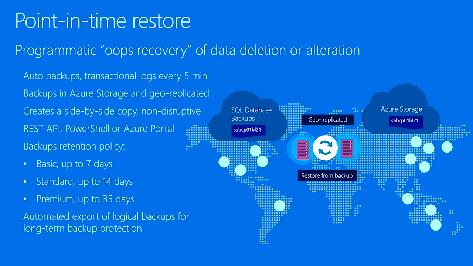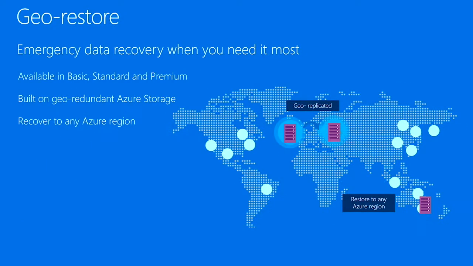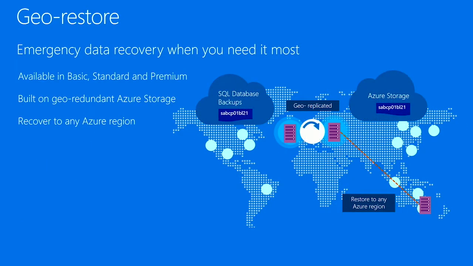To support database disaster recovery and business continuity, we have 3 different business continuity features. Point-in-time restore: we support up to 35 days of point-in-time restore of your data. And we just introduced long-term data retention, which supports your data backup storage for up to 10 years. For disaster recovery, we have geo-restore in case a data center goes out, and you can always restore your data from the paired data center and start up again.